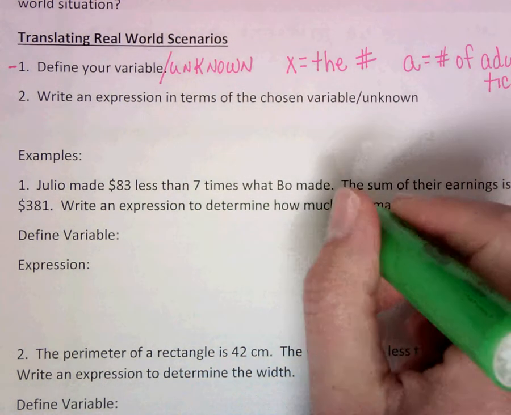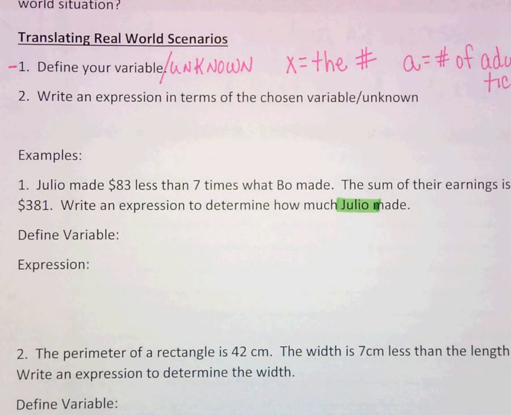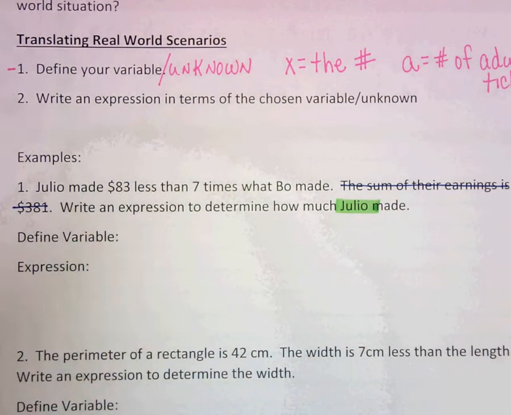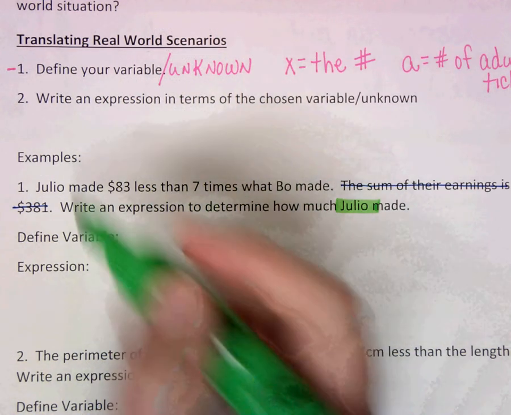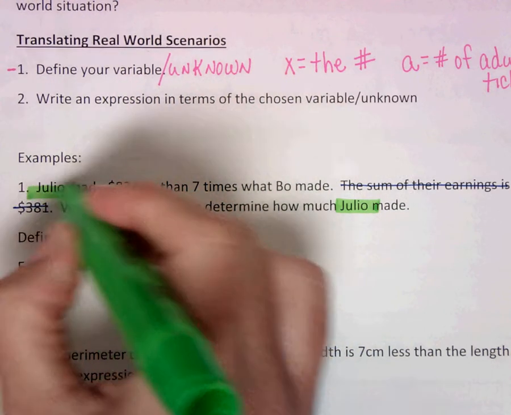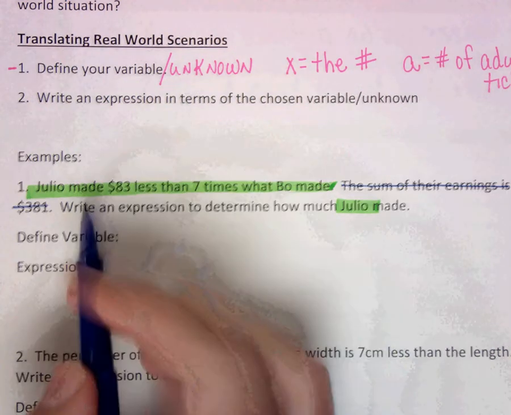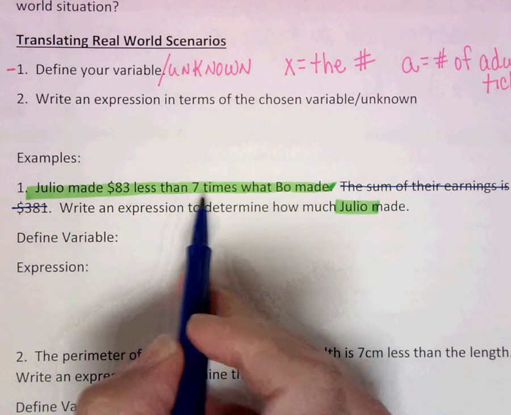We're focusing on Julio, and in this problem we have a little extra information that we don't need right now. Later on we'll need it, but for now we only need this sentence that describes how much Julio made: Julio made $83 less than 7 times what Bo made.